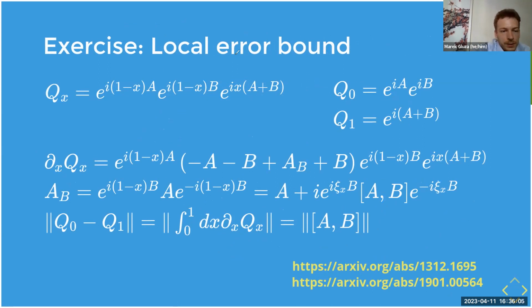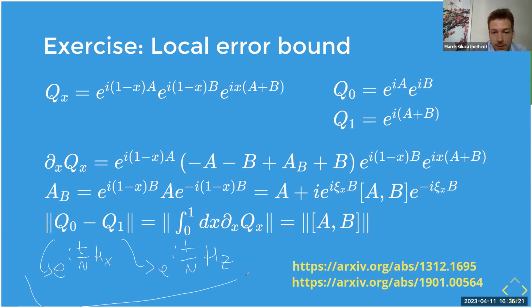So now let's say this is e to it over n hx. This will be that, and this will be e to it over n hz. Okay. And what we will get is that this is bounded by that. So if I want to do this without the t over n, I can do n times this commutator here. That's how those bounds are working, okay?